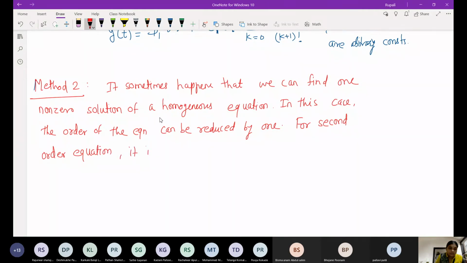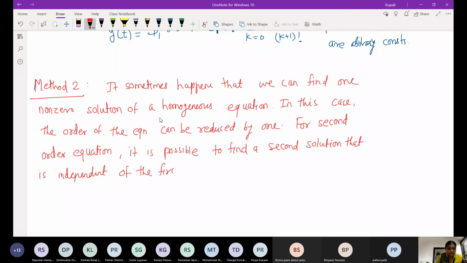For a second order equation it is possible to find a second solution that is independent of the first, and consequently we know that their linear combination will be its general solution.